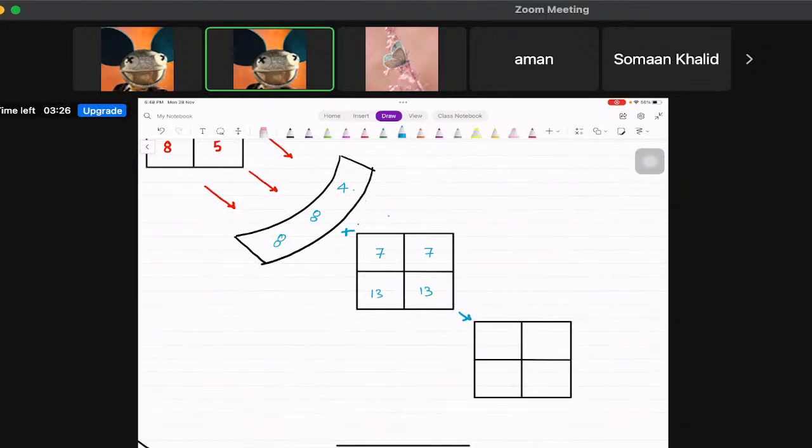In this direction, 4 is added to 7, which is 11 on this side. 8 plus 7 will be 15 on this side. 8 plus 13 will be 21, and 8 plus 13, 21 here. Do you guys understand this? Any questions? Please let me know.